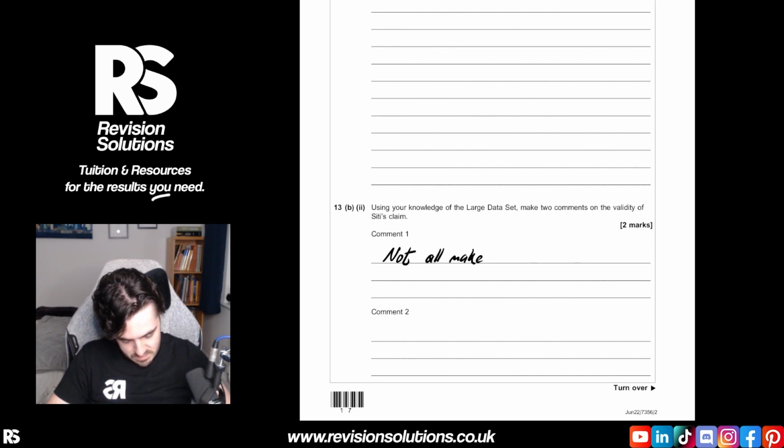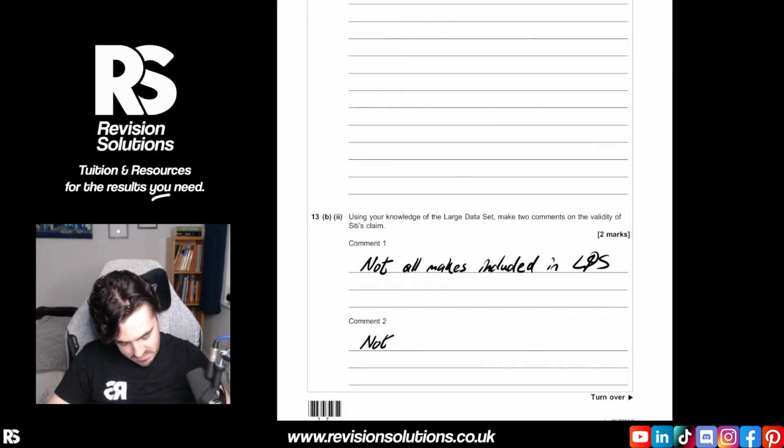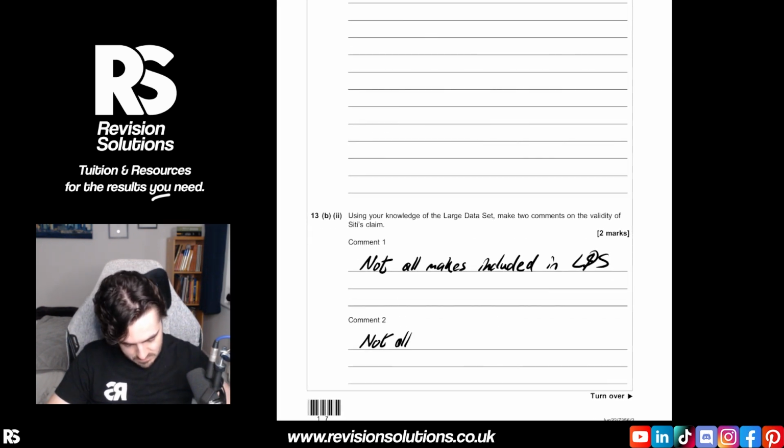And also not all areas of the UK are included in the large data set.